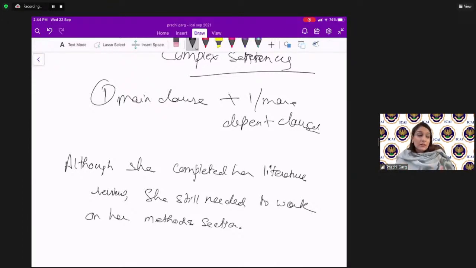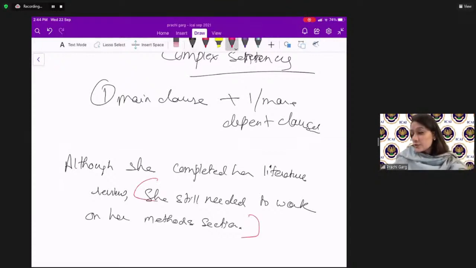Which one is the main clause and which one is dependent? Okay, this one is the main clause.